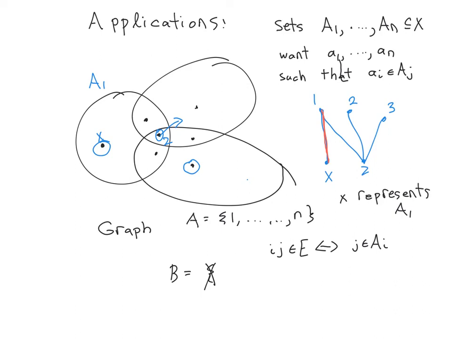And so from this, Hall's condition states that for all S contained in the numbers 1 through n, you need the size of the neighborhood of S to be bigger than or equal to the size of S. That's what the neighborhood condition turns into. That's the original condition Hall introduced.